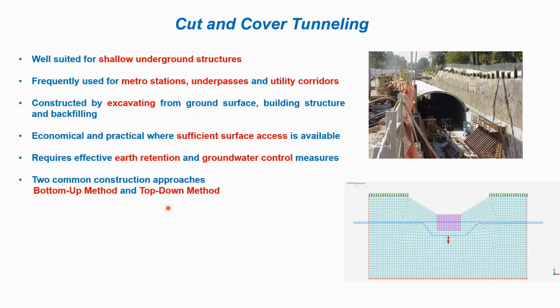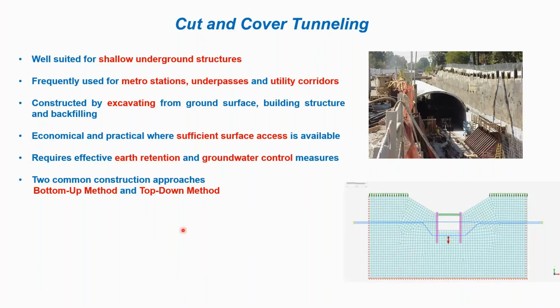Further, in cut and cover tunneling, there are two approaches: the bottom up method and the top down method. As you can see, this figure shows the bottom up method, where the excavation is completed first, followed by construction of the base slab, walls and roof. The other one is the top down, where the roof slab is constructed first, allowing restoration of surface traffic while excavation of the tunnel continues beneath.